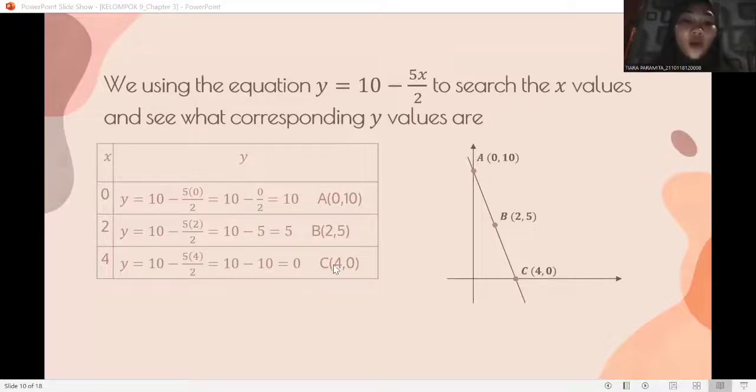So the point becomes C (4, 0). So we draw the points, then connect them to get the graph. Okay, that was the explanation about the video. Let's go to some sample questions.